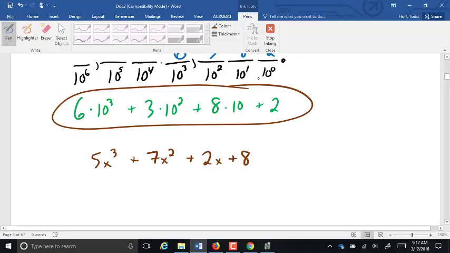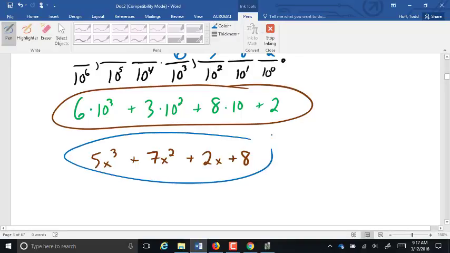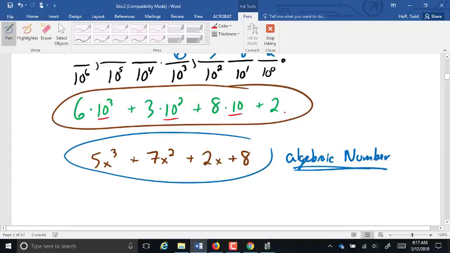We can see that this algebraic number has the same place value system as our whole numbers, except instead of being powers of 10 for our place values, it's now powers of x.